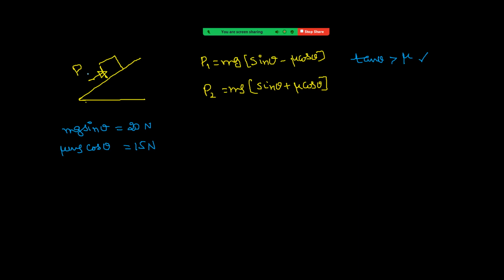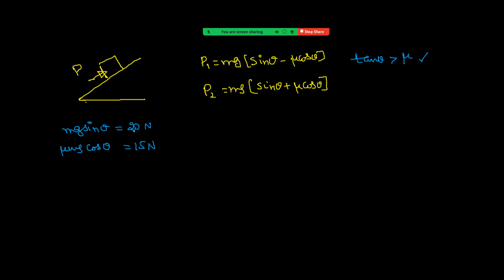Now see carefully. If no force is applied, what happens? mg sin theta is 20, and the frictional force is at most the limiting value 15. Since 20 dominates, the block will move down, with net force 20 minus 15.